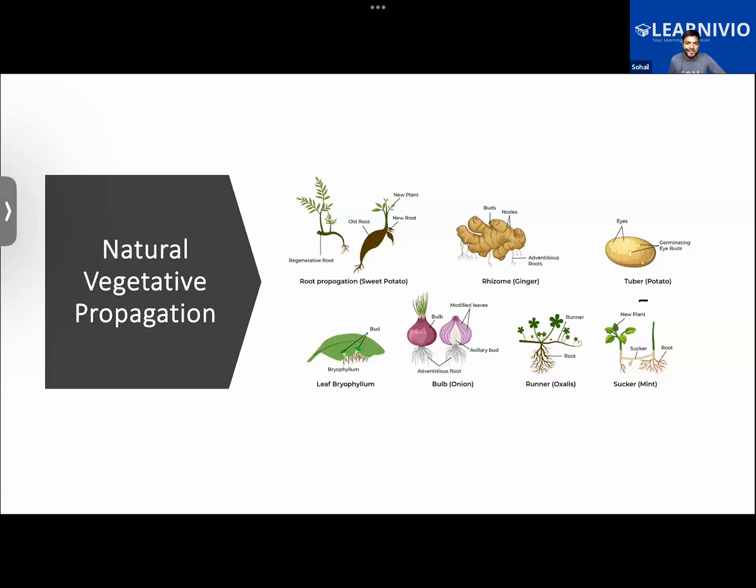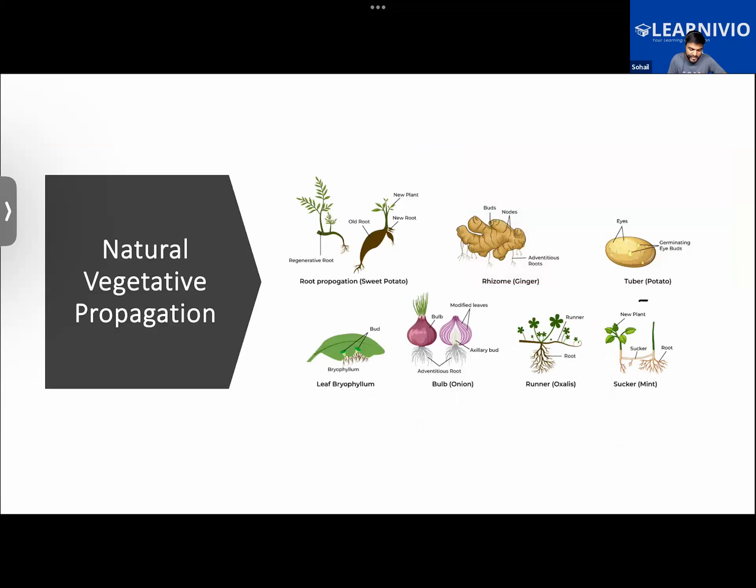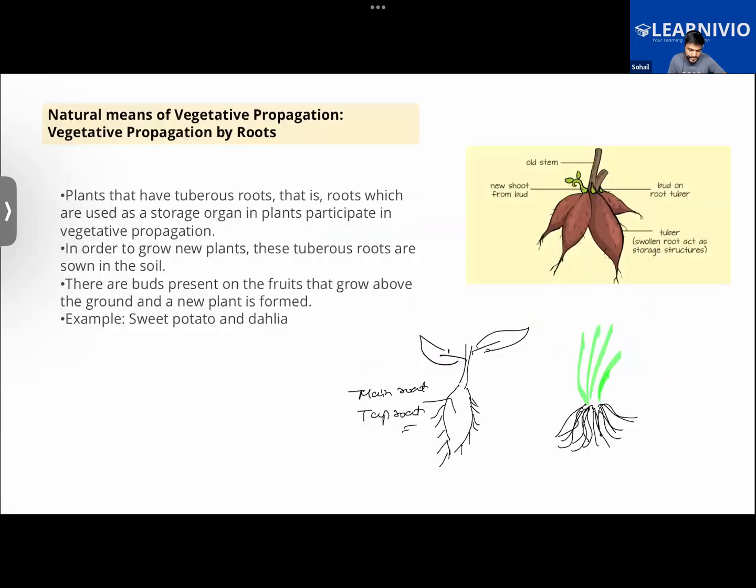Rather than the normal function, here it is storing the food. There are different types of stems, like the tuber, the rhizome, all that you see over here. These were the different types of modified stems. Or I mean to say roots actually, not the potato one, only this one over here.